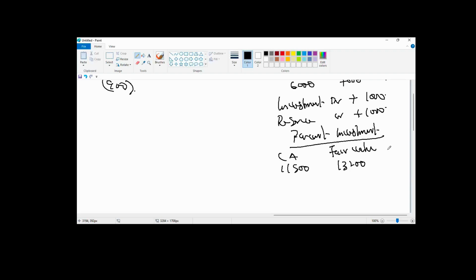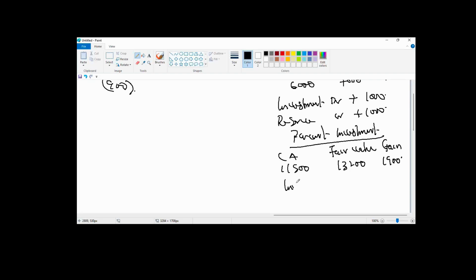It is 1,700. Gain on investments. Yes, again, 1,700.